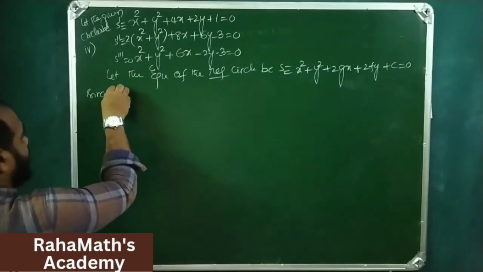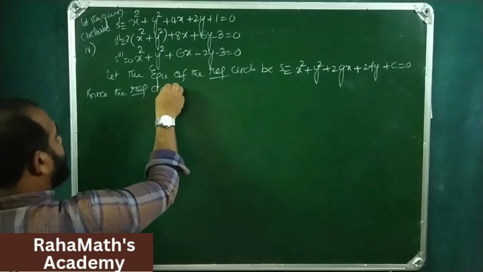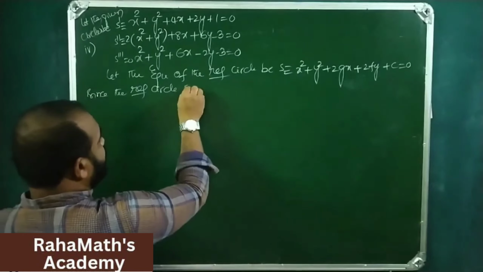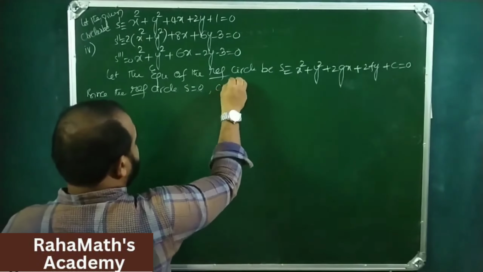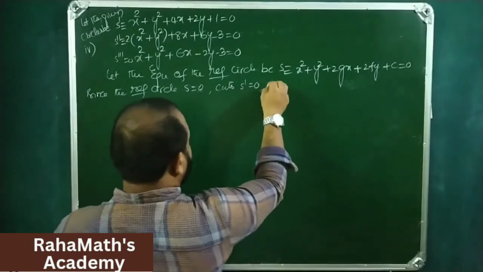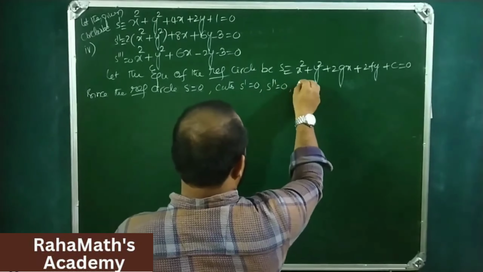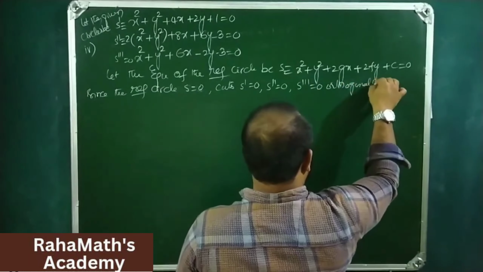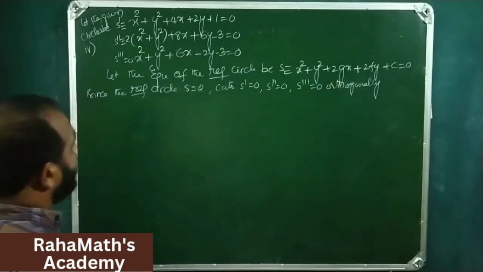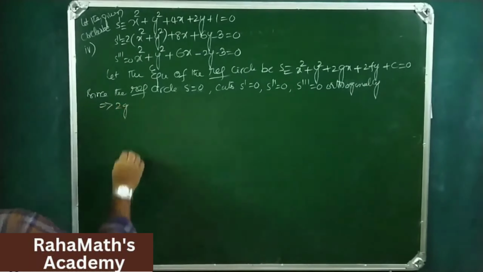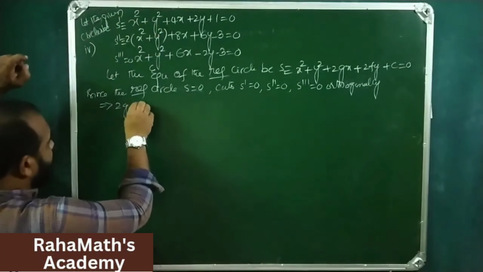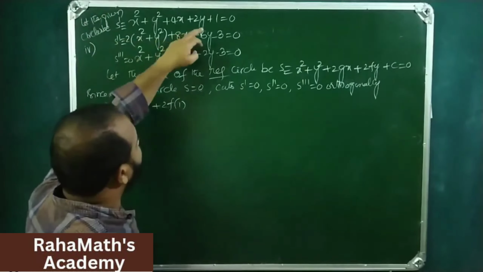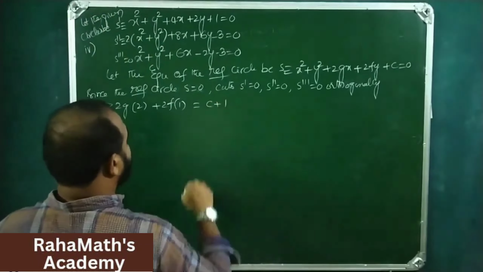Since the required circle S equals to 0 cuts S dash equals to 0, S double dash equals to 0 and S triple dash equals to 0 orthogonally, that implies 2gg dash plus 2ff dash equals to c plus c dash.